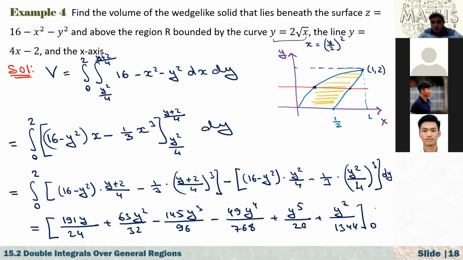And integration limits are from 0 to 2, which is equal to 20,803 over 1680. And that's approximately equal to 12.4.